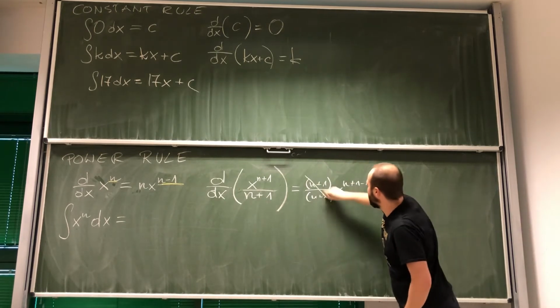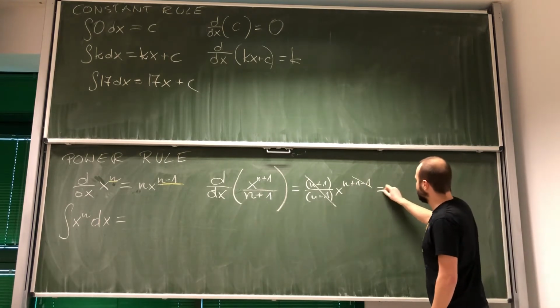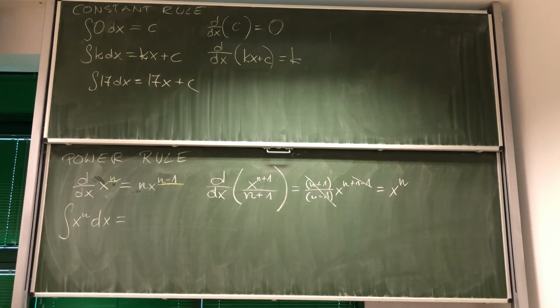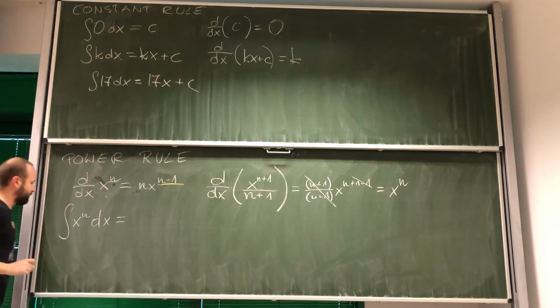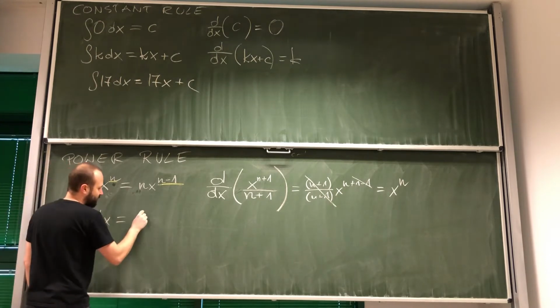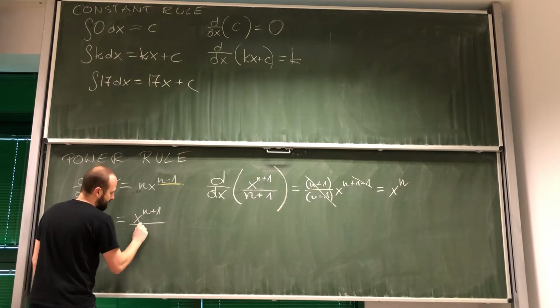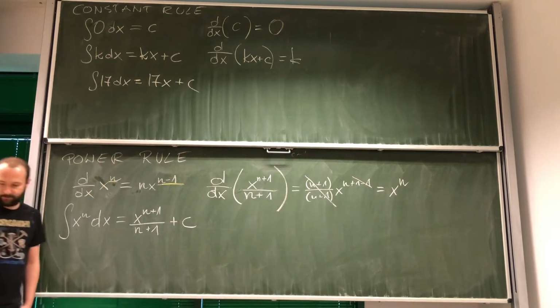And look, those two cancel each other to 1. Those two cancel each other to 0. We get x to the power of n. So our solution works. So we can now easily write that integral of x to the power of n is equal to x to the power of n plus 1 divided by n plus 1 plus c.